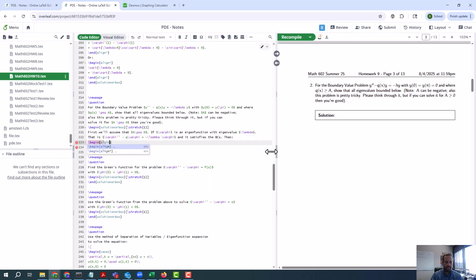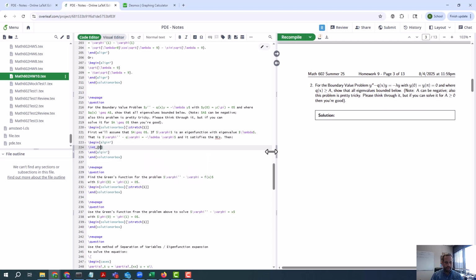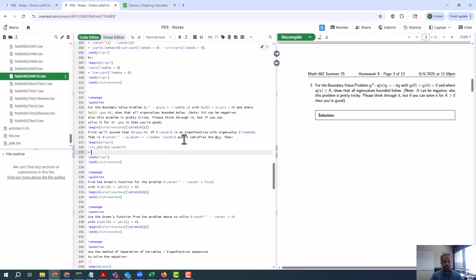Then, a very familiar computation: the integral from 0 to 1 of phi squared is equal to, since phi is equal to -1/lambda times this, minus 1/lambda times the integral from 0 to 1 of (phi'' - q phi) times phi.